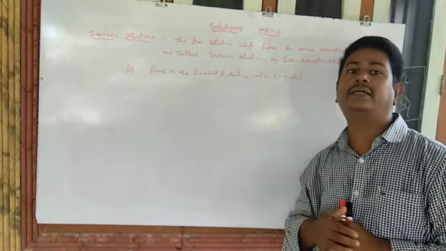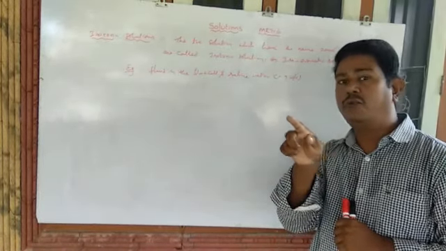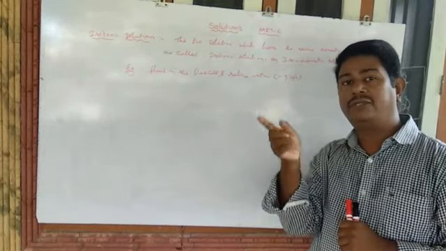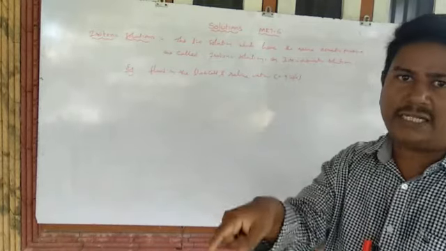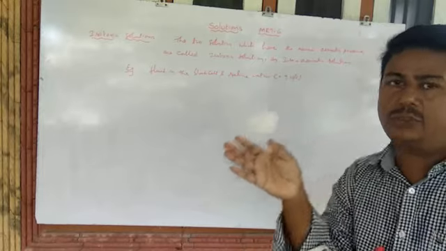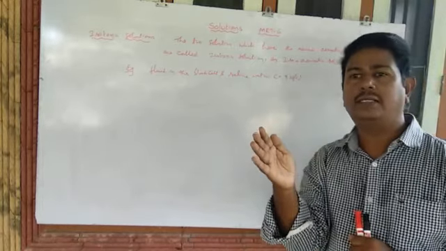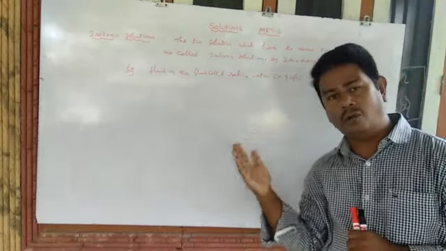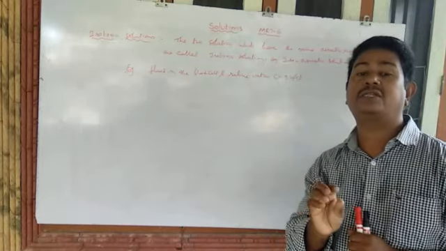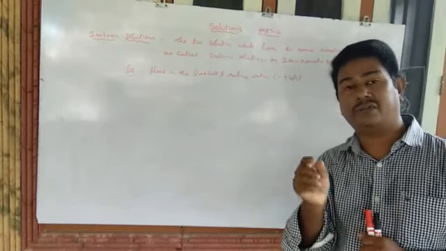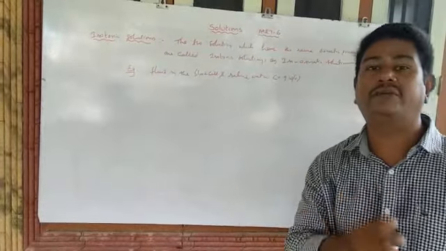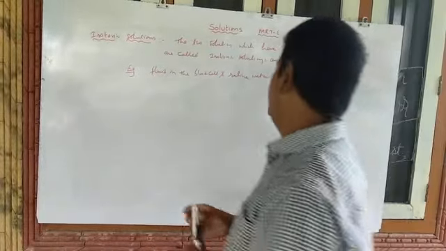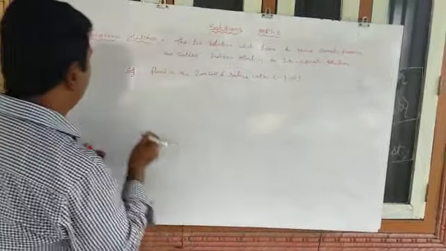Then the fluids in the blood cells come out through the semi-permeable membrane to the outside. Such a phenomenon is called plasmolysis.